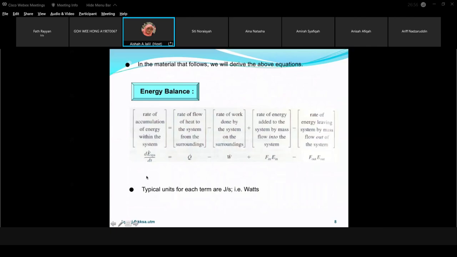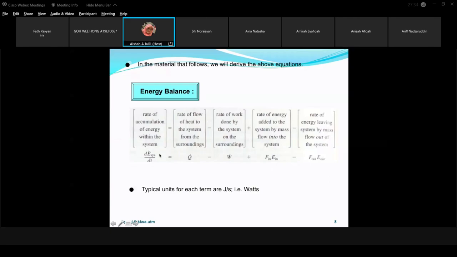For example, the energy balance: the rate of accumulation of energy within the system, dE_system over dt, equals the rate of flow of heat to the system from the surroundings, minus the rate of work done by the system on the surroundings, plus the rate of energy added to the system by mass flow into the system, minus the rate of energy leaving the system by mass flow out of the system.